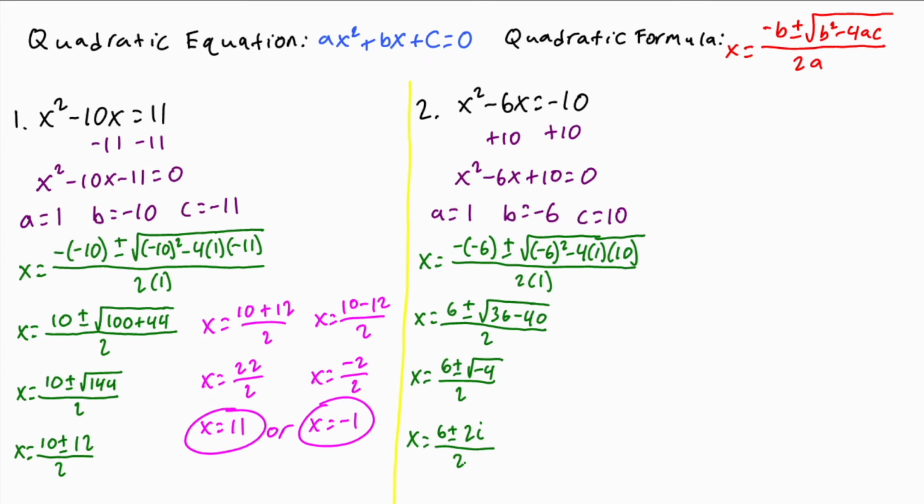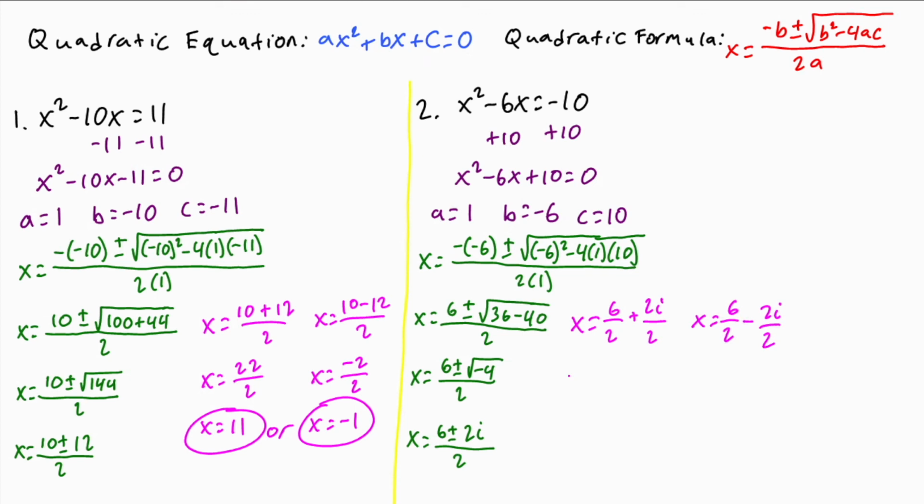And you can write this a few different ways, but it might be helpful to split it up and say x equals 6 over 2 plus 2i over 2, and x equals 6 over 2 minus 2i over 2.